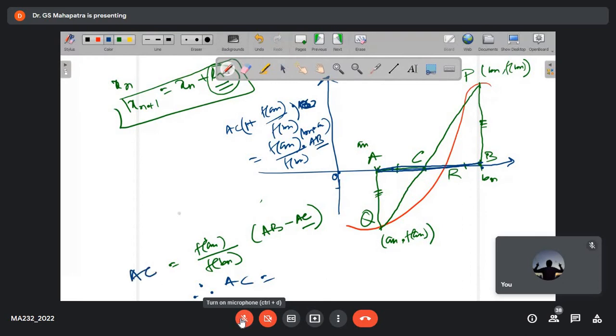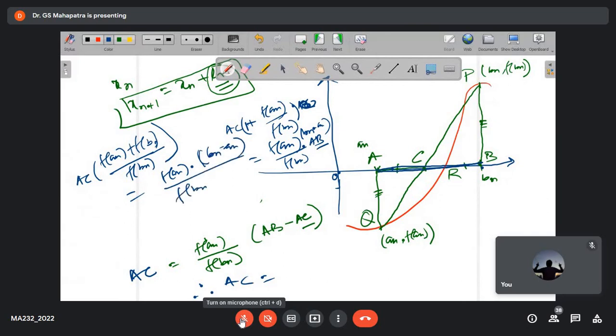So you just check AC into f of An plus f of Bn, divided by f of Bn, that equals the right hand side, f of An into Bn minus An, divided by f of Bn.